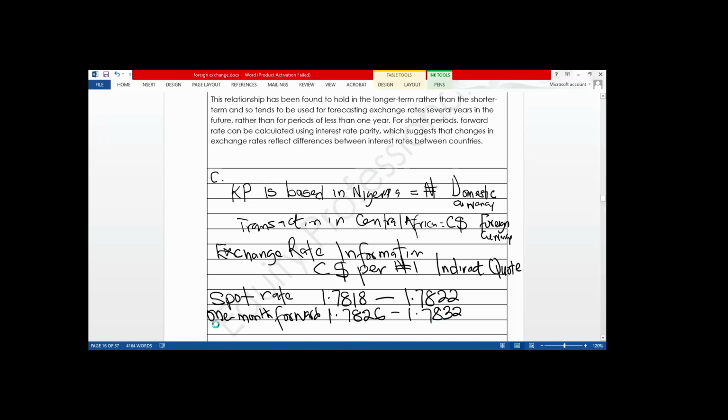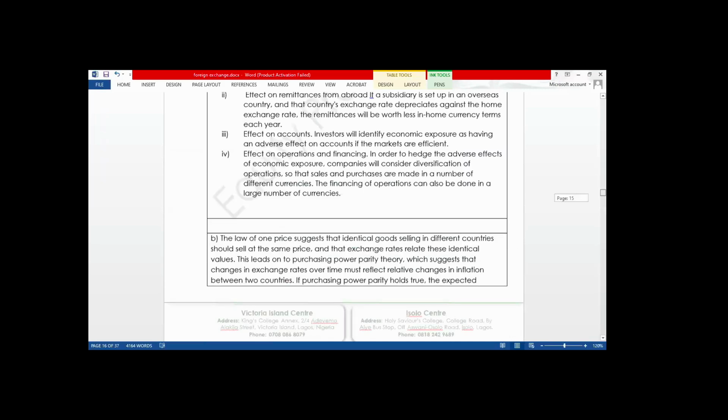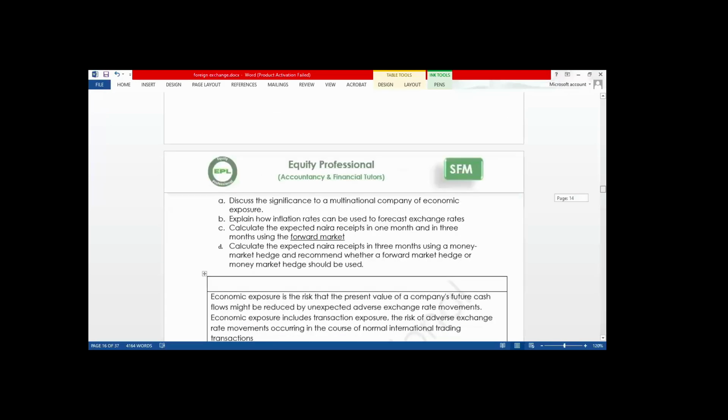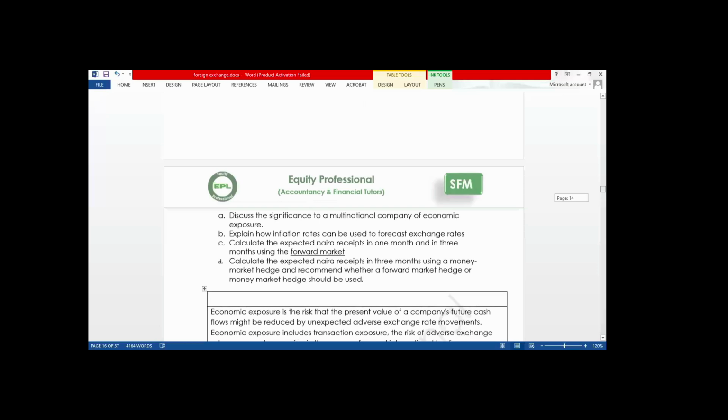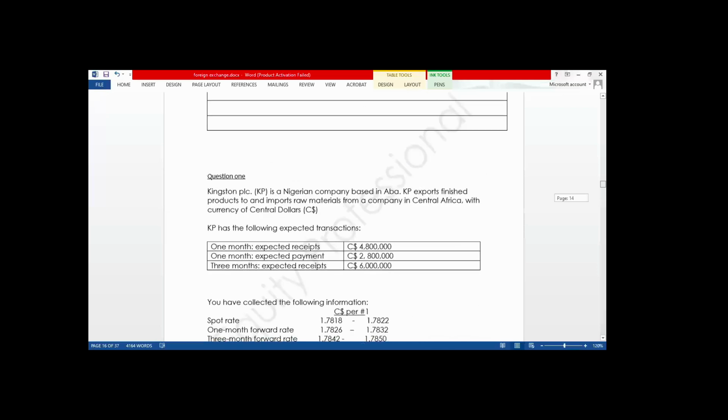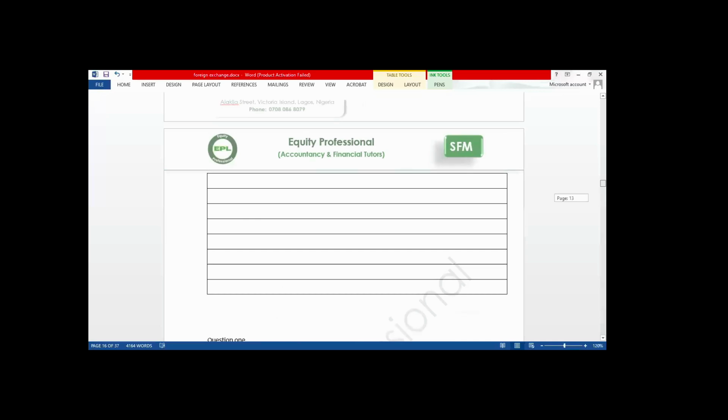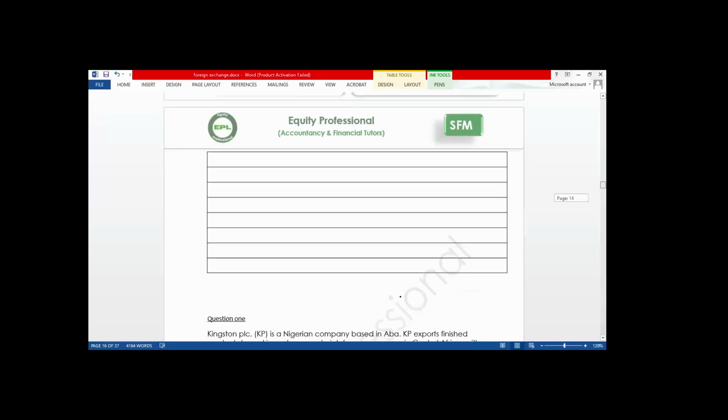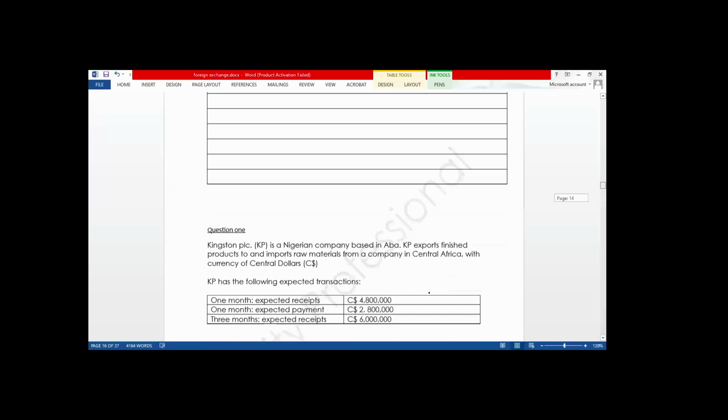You also have 3 months forward rates. 1.7842 to 1.7850.